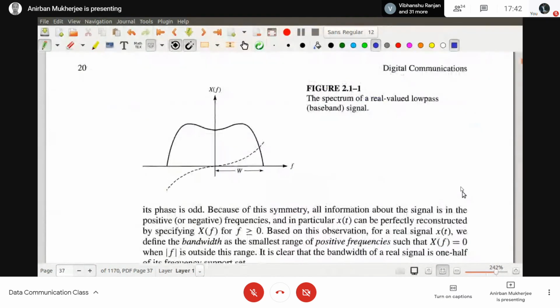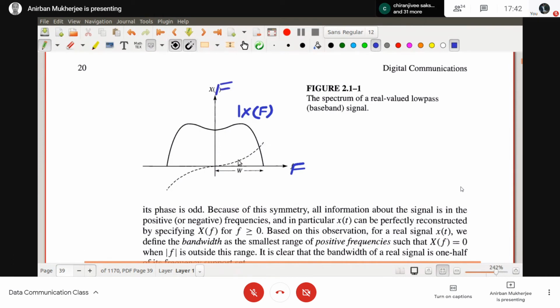That means this is X(f) versus f, say mod of X(f). This dotted line, I am not very sure what that is. Most probably this is an odd function, they are taking the angle.